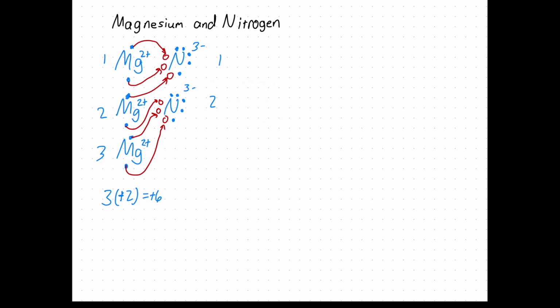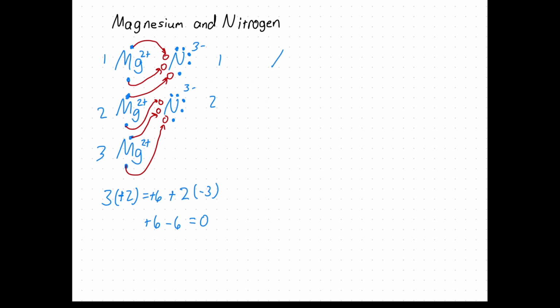So the nitrogens' charge is going to be 2 nitrogens times -3 charges per nitrogen. What that gives us is a +6 charge from our magnesiums and a -6 charge from our nitrogens. Overall, that compound will be neutral. So everything has this full outer octet, everything is an ion, and the whole thing here is completely neutral. That is what we're looking for to form a full ionic compound.